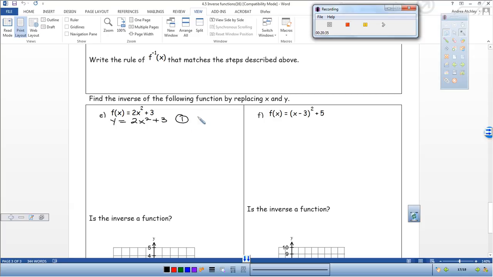If you switch the x and y is what you're first going to do to solve this. Okay, this is just another way to do what we just did. So here's going to be the x over here. Then you're going to have 2y squared plus 3.